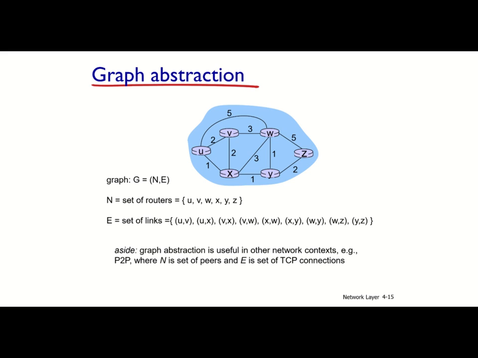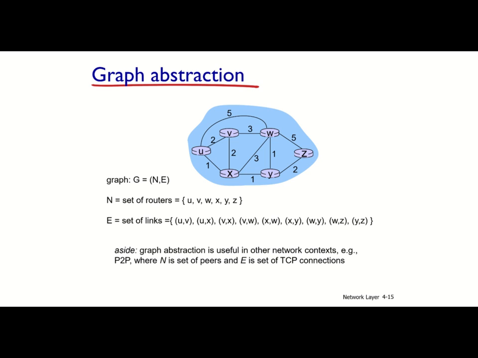When we are talking about routing algorithms, we have to have some graph abstraction of the network because the network is complicated, so we have to remove a lot of details from the network. We consider the routers and end systems to be the nodes of a graph, and the physical links between them to be the edges of the graph.